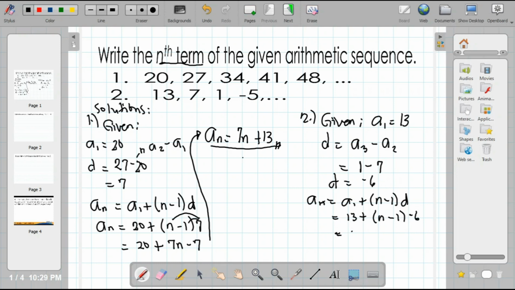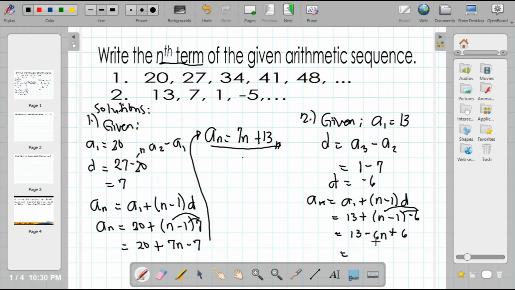Now from here, we simply copy 13, and then we distribute negative 6 to n minus 1. So first, we multiply negative 6 times n. That is negative 6n. And then what is negative 6 times negative 1? That is positive 6.